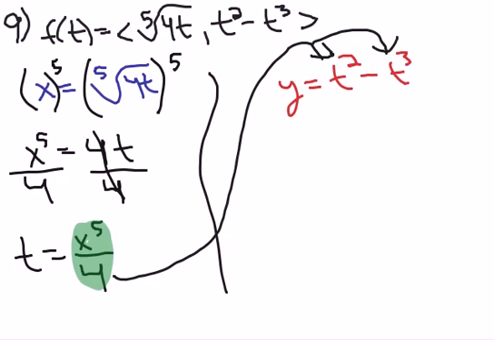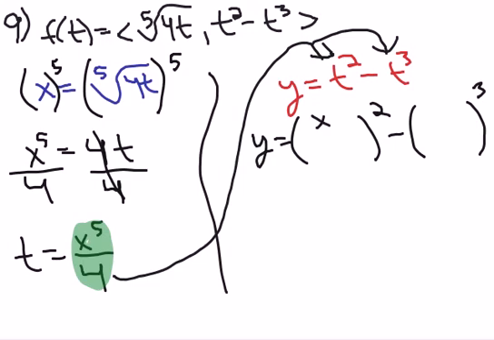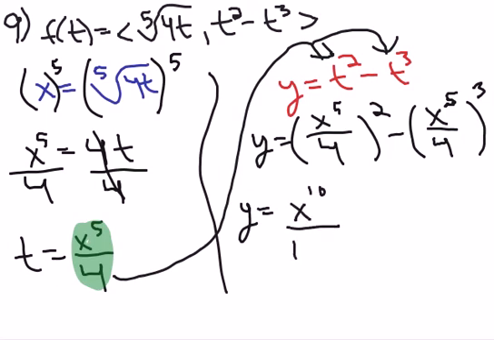Okay, so we have now y is equal to t squared minus t cubed, where again t is now x to the fifth over 4. We just found this, x to the fifth over 4. Okay, so in the end we have y is x to the fifth squared. Remember your power rules. So power to a power, you multiply, so this is x to the 10th, and then 4 squared is 16.